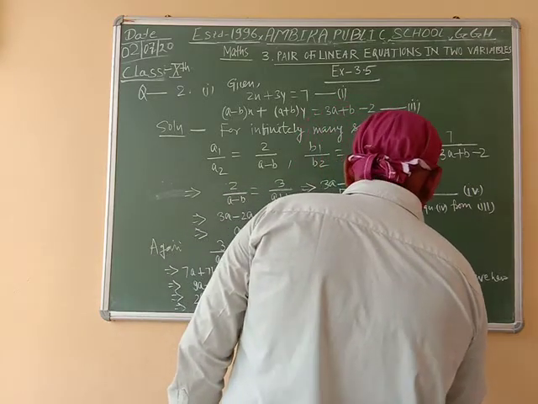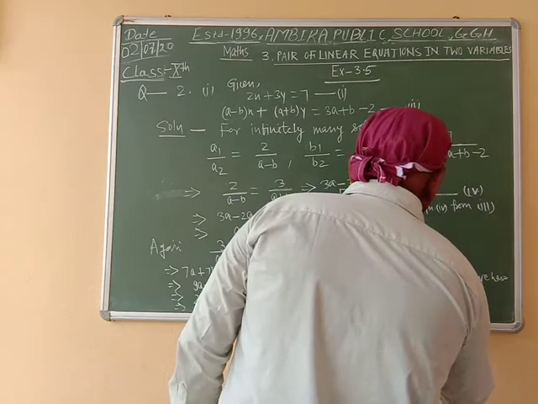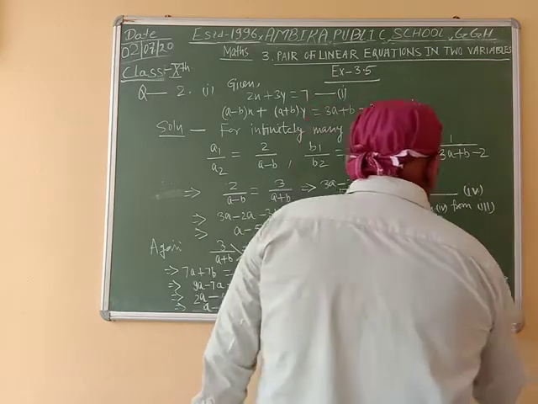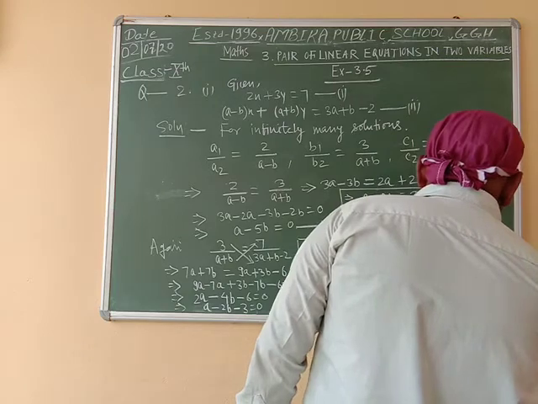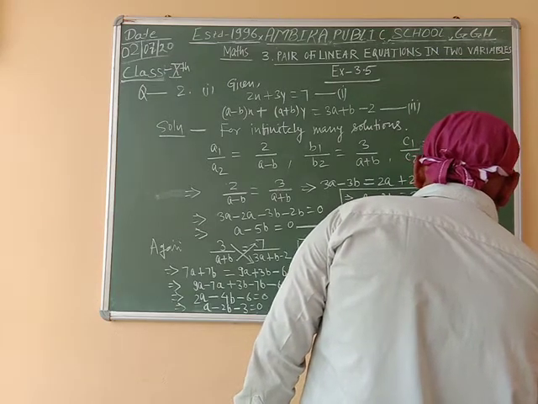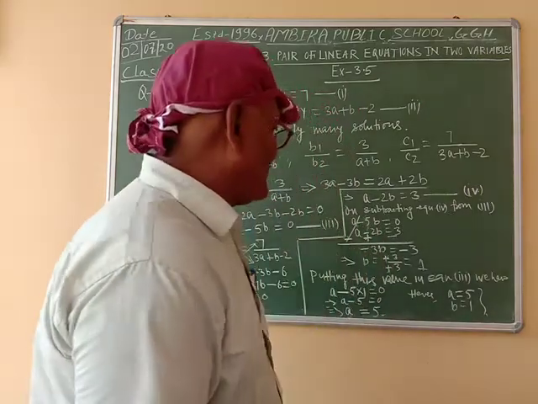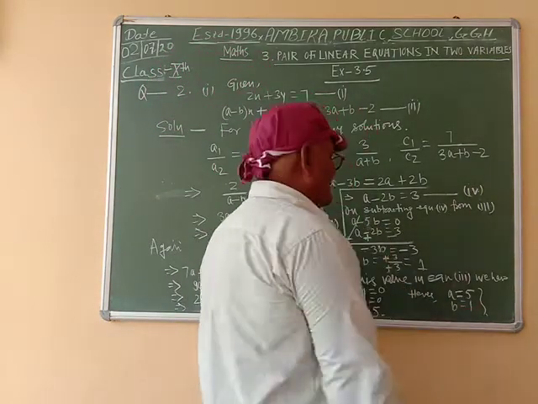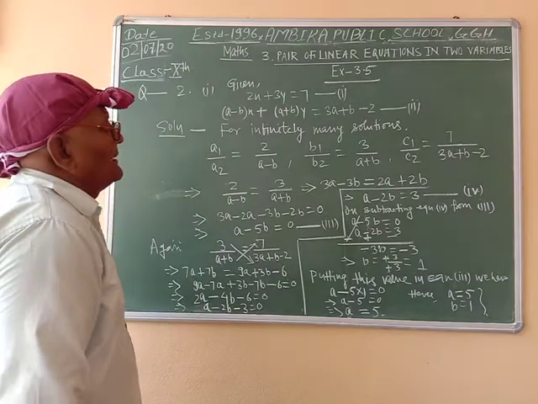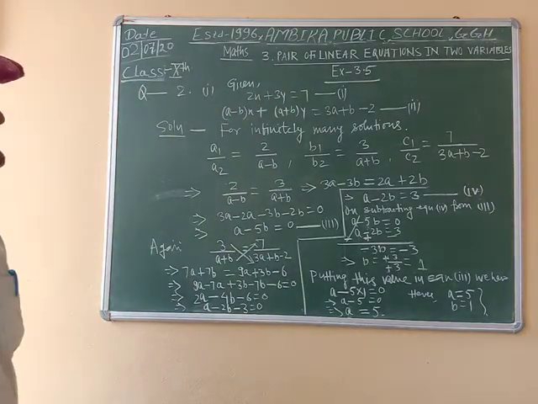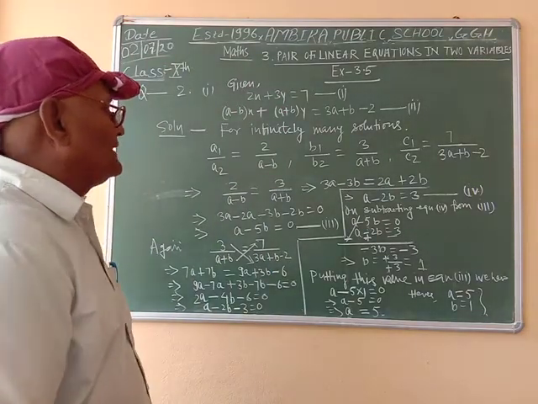Hence the value of a is equal to 5 and b is equal to 1. So for a equal to 5 and b equal to 1, the given pair of linear equations have infinitely many solutions.